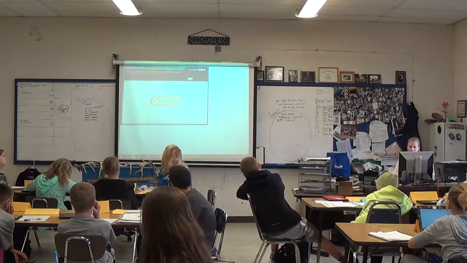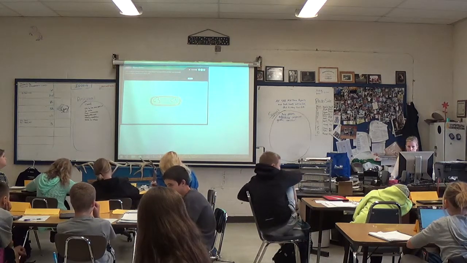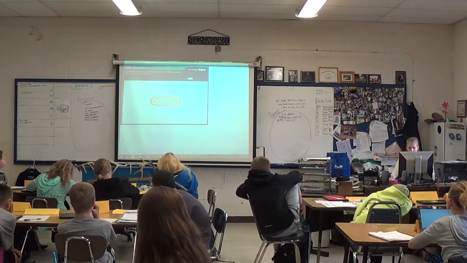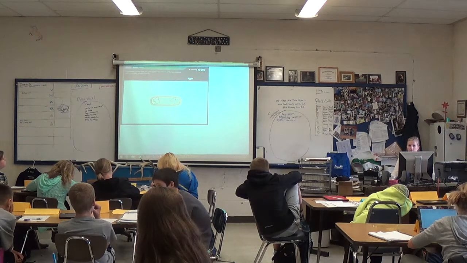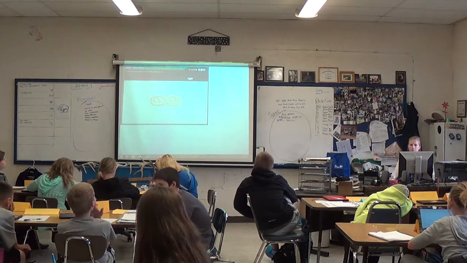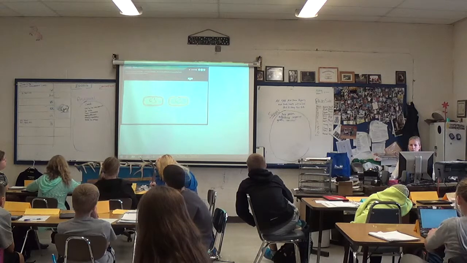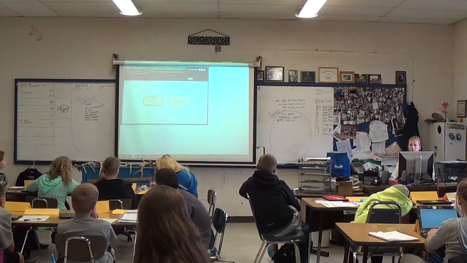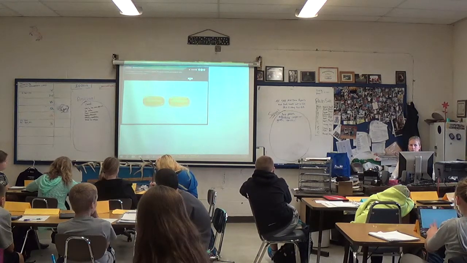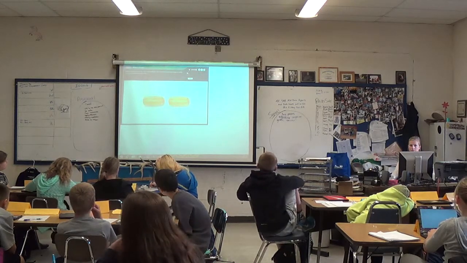The bacterium grows longer. As it gets longer, the 2 strands of DNA are separated and moved to the far ends of the cell. The bacteria cell contracts in the middle, dividing the cell. Binary fission is complete. The single bacteria cell has divided into 2 daughter cells, each with identical copies of DNA.